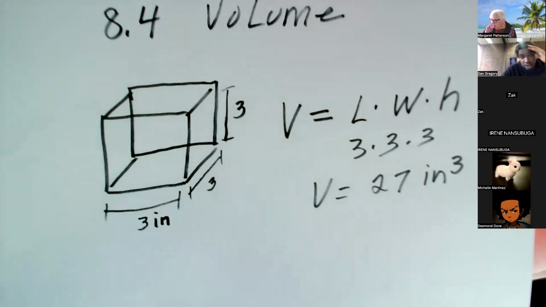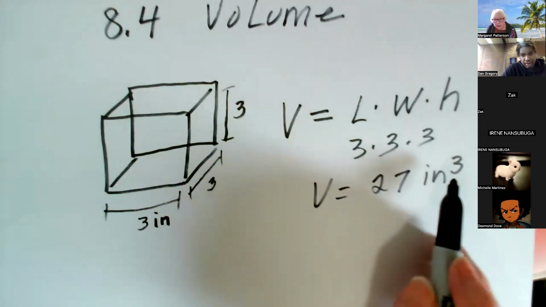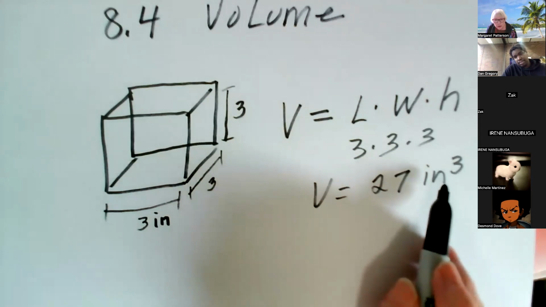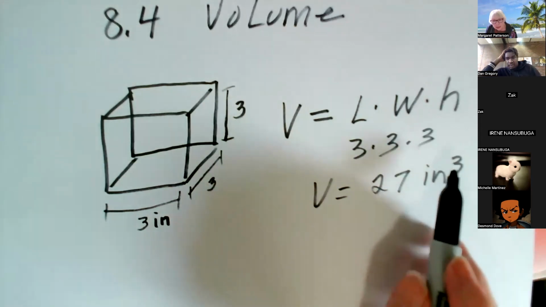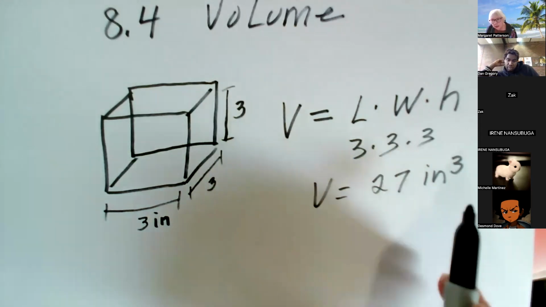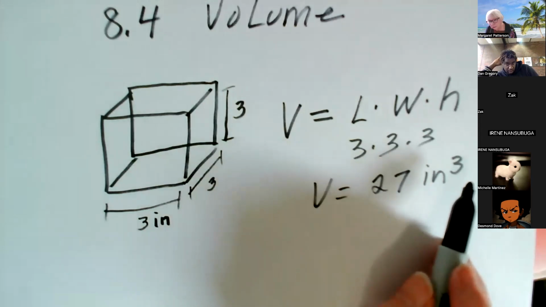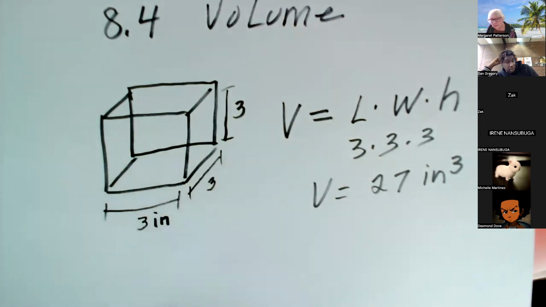The volume only comes if it's like a 3D object, like a box. So volume will always be, the unit will always be cubed. Cubic feet, cubic yards, cubic inches, cubic meters.